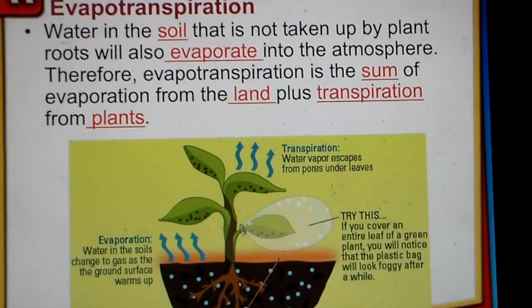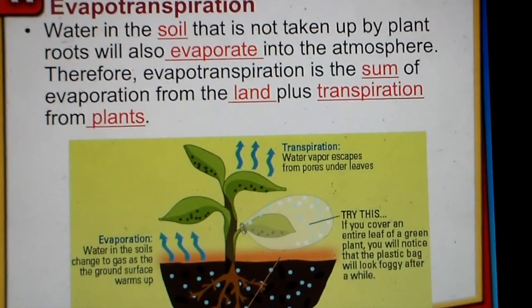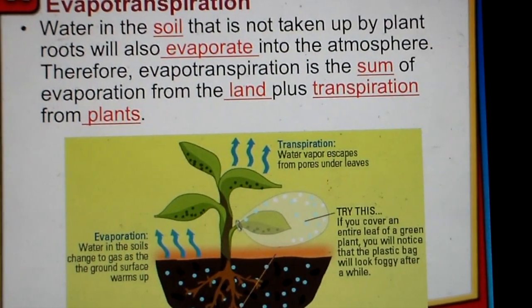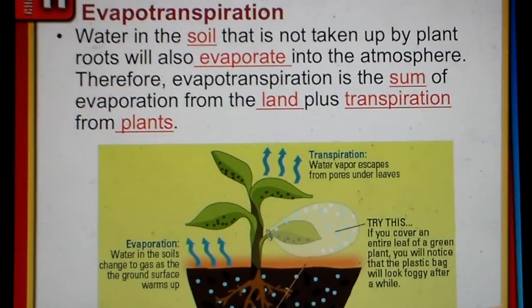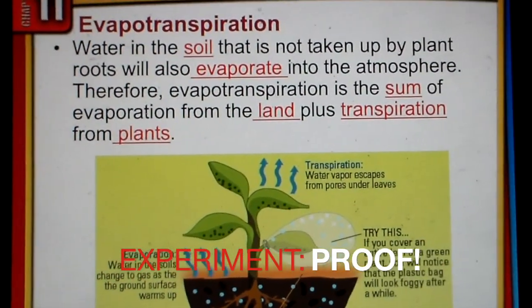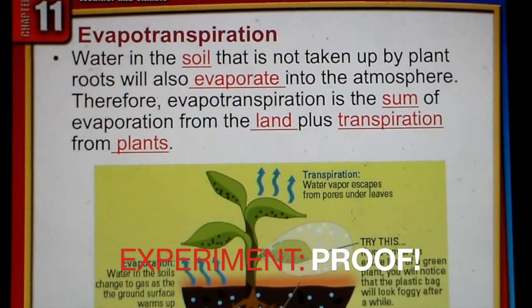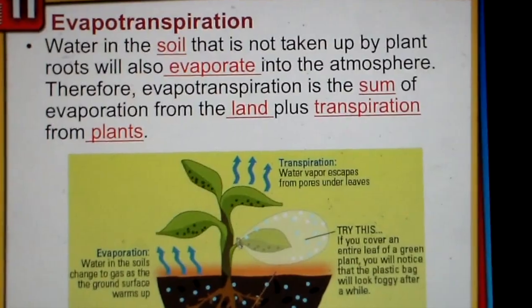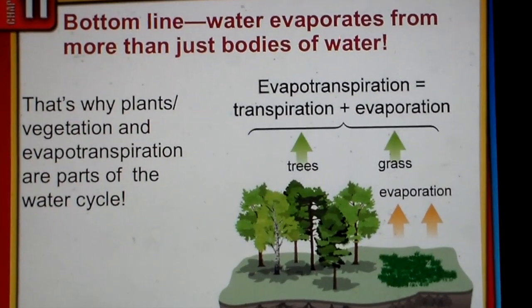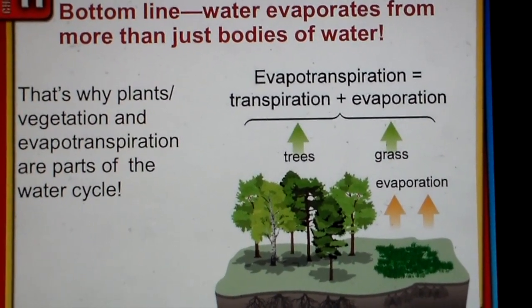So when you put all of this together, evapotranspiration includes water coming out of the soil as well as plants. And we will do an experiment later this week that proves that evapotranspiration is happening right outside your door. So the bottom line is water evaporates from more than just bodies of water.